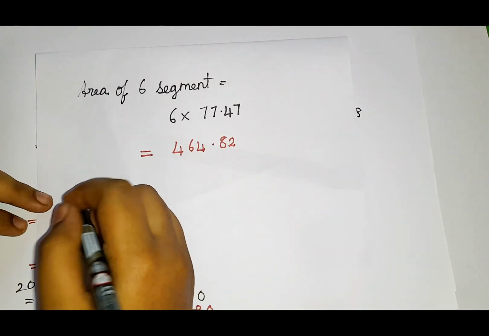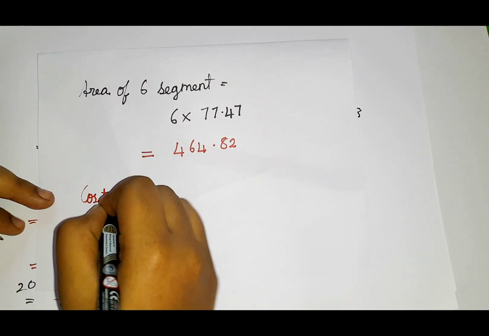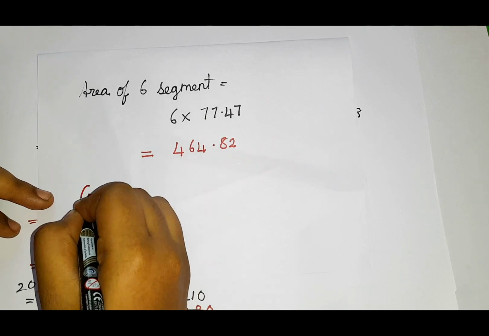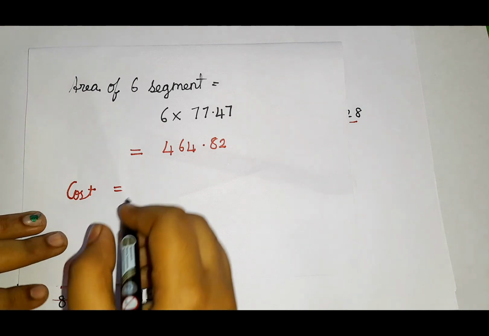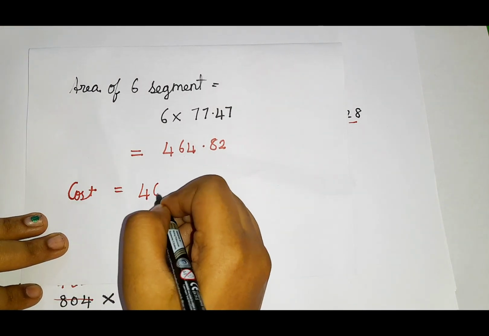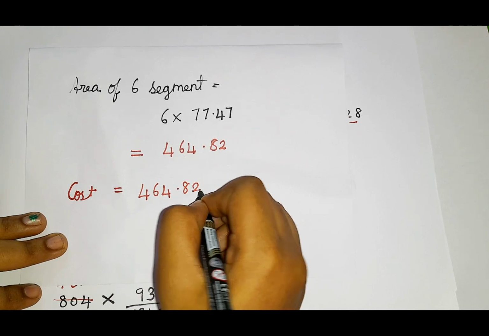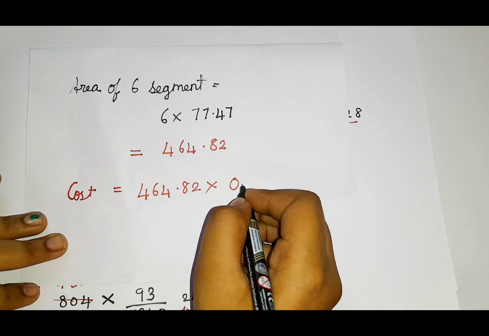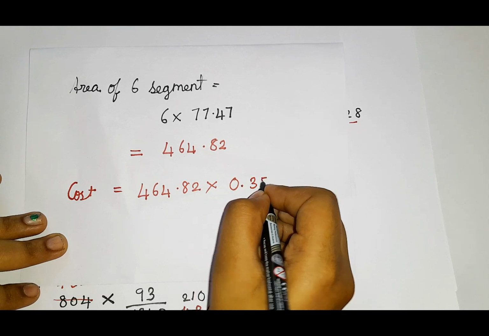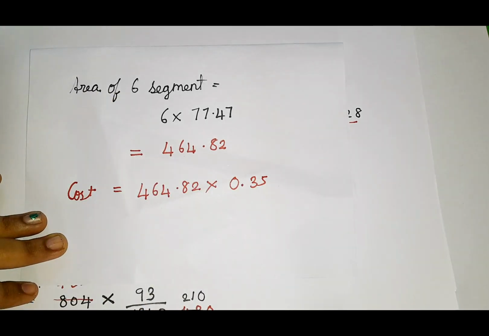Let us write cost is equal to cost of the design. For that, we are going to multiply this 464.82 into the rate which they mentioned in the question, that is 0.35.